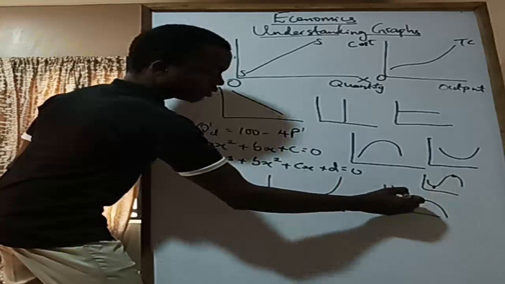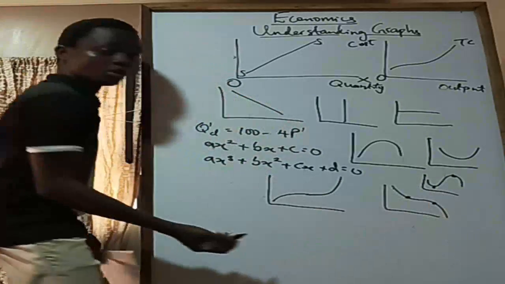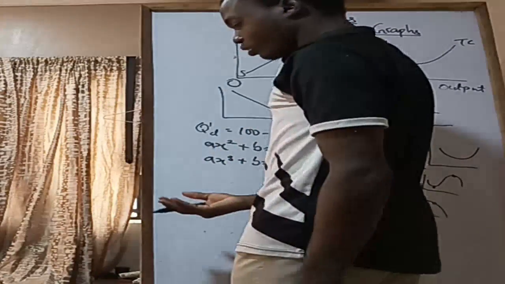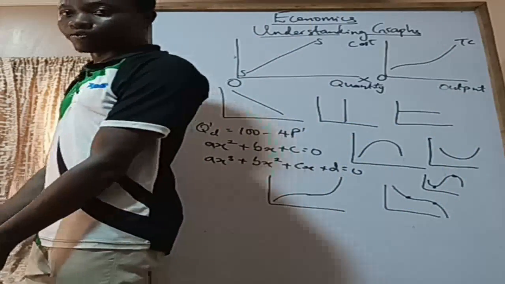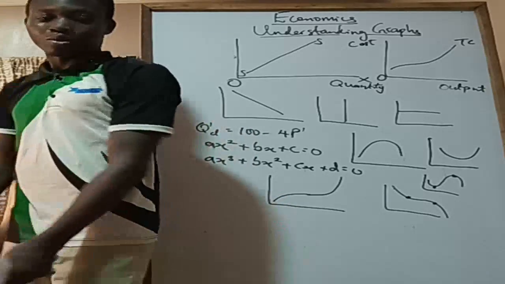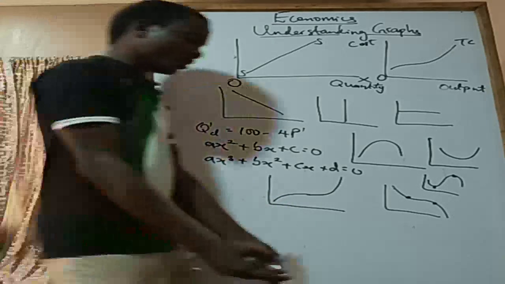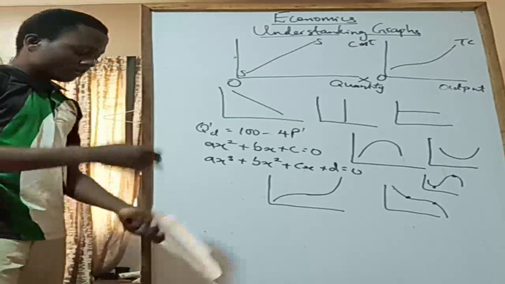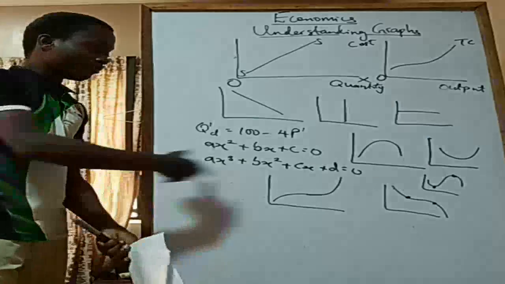These two turning points. You don't necessarily turn back to where you were coming from. I'm going like this and then turn like this, or turn like this. So that's enough on turning points. You will just know from your equation.